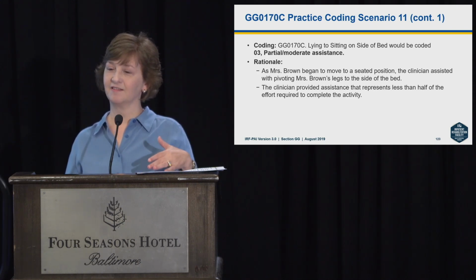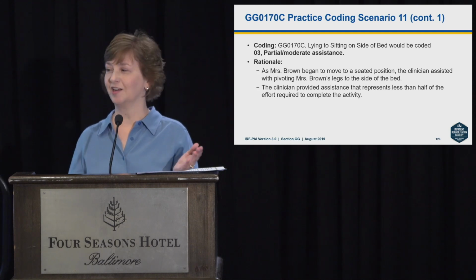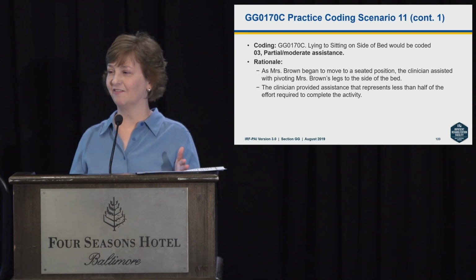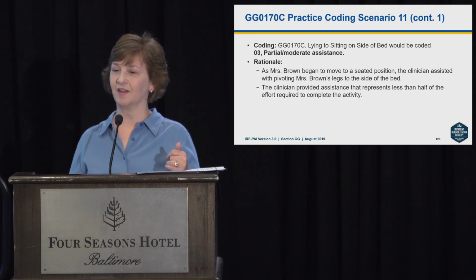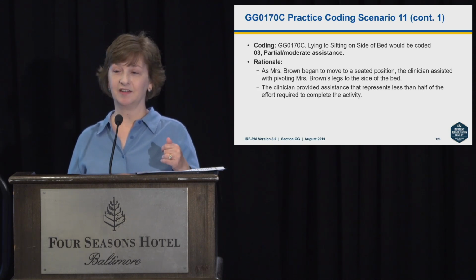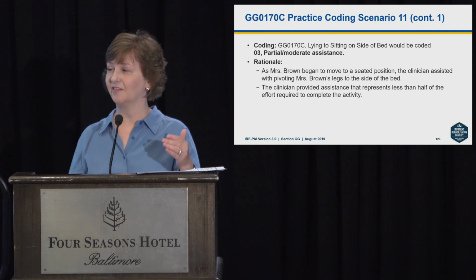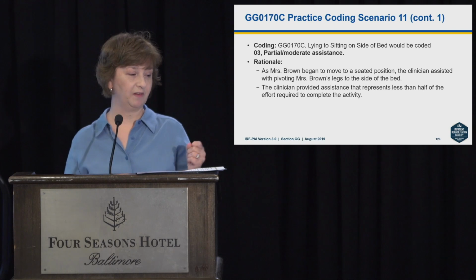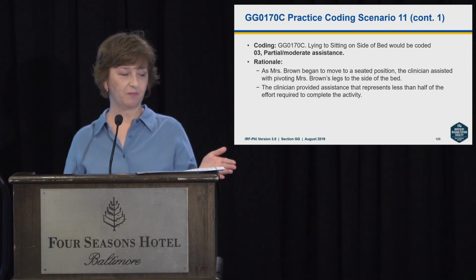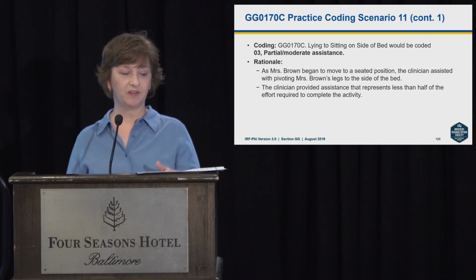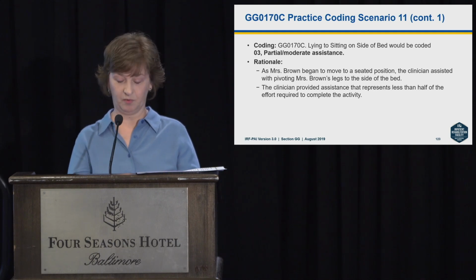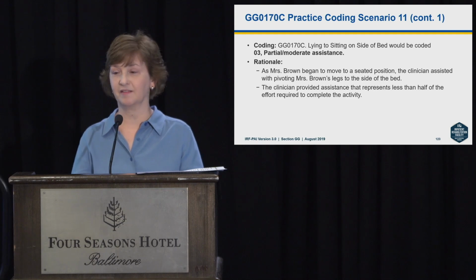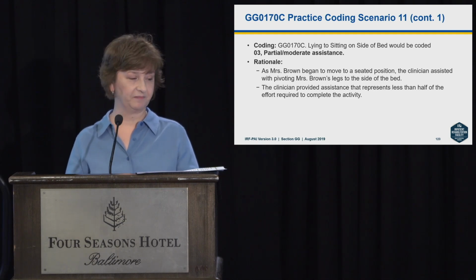So in this case, if you were the clinician helping the patient, you'd be probably in a much better position to judge the amount of effort, but overall the judgment was that the patient did more than half of the effort, the helper did less than half of the effort, and so that would be coded 03. So again, Ms. Brown began to move to a seated position, and the clinician helped move both of her legs. The clinician provided assistance that represents less than half of the effort.